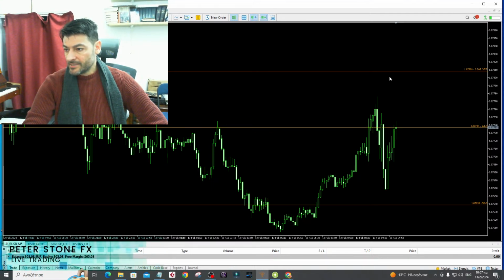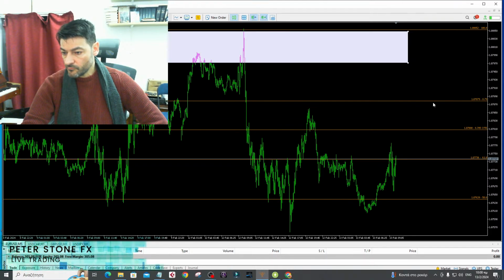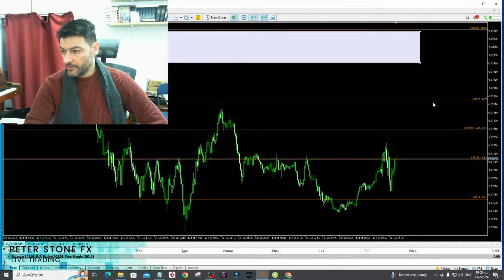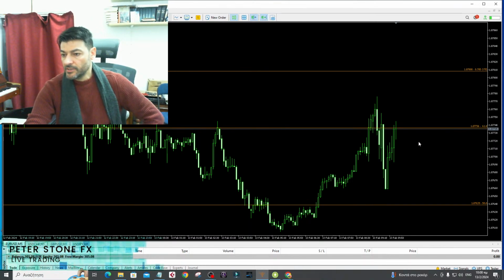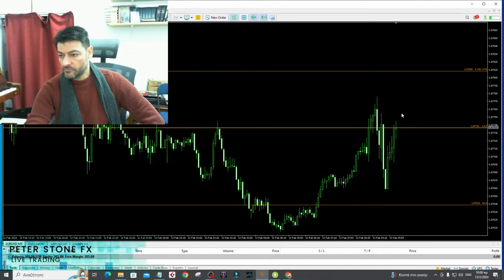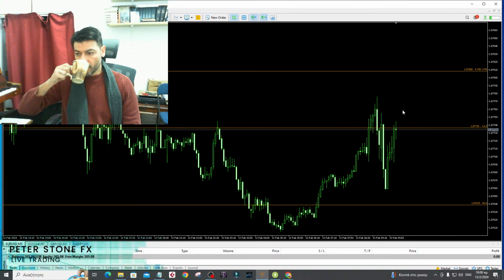So maybe price will hit 0.705 of the Fibonacci tool in the 15-minute time frame, and then we can sell. It's really too early still to take a trade.